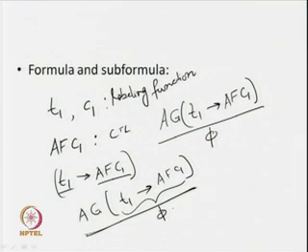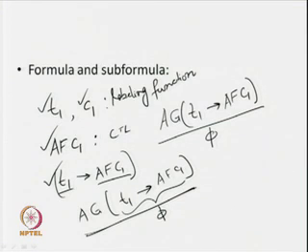So, this is the way that we are going to look into it. When we look for this phi, we should know the labels of all those sub formulas: T1, C1, AF C1 and T1 implies AF C1. Once we know these, then we can go for the complete given formula.